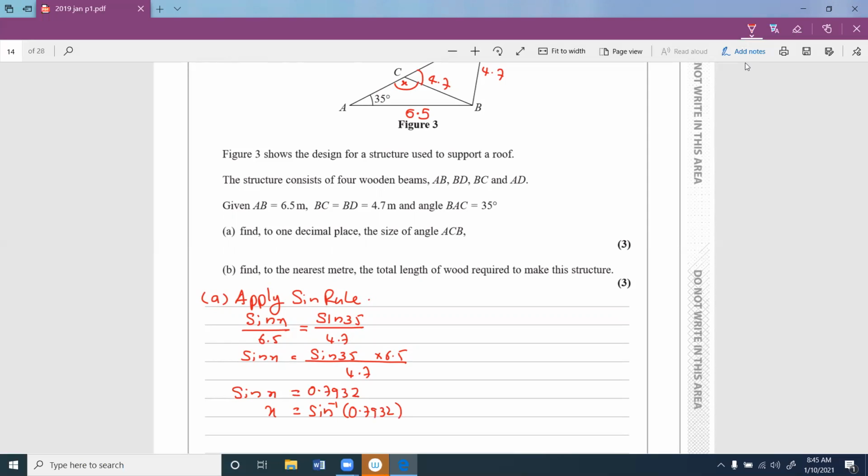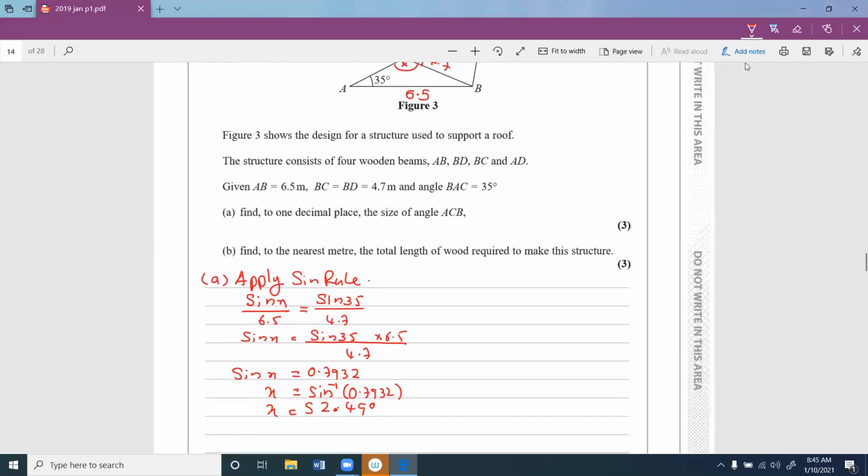Make sure the calculator is in degree mode, since the other angles are in degrees, and therefore you can expect the final answer in degree mode. So what is this answer? x is equal to 52.49.